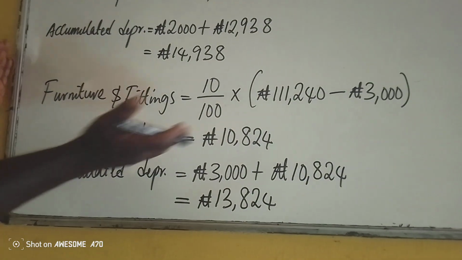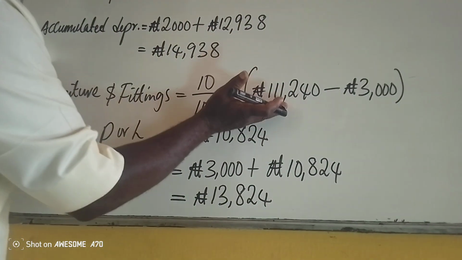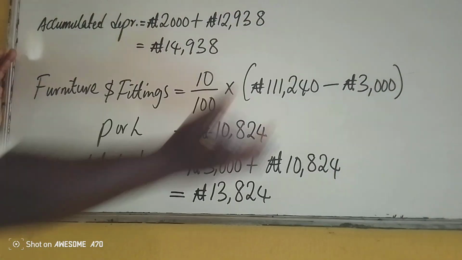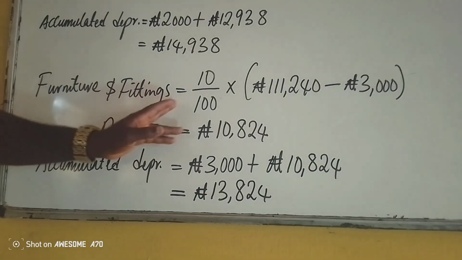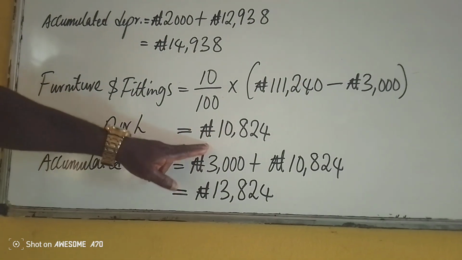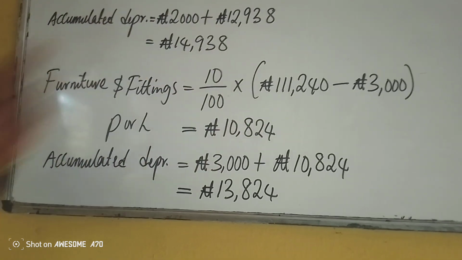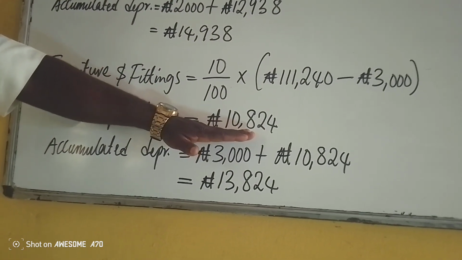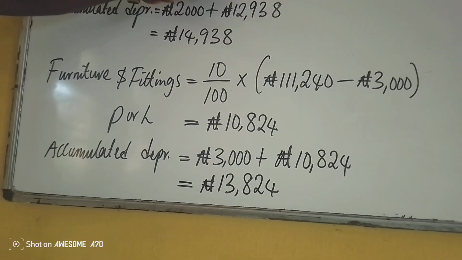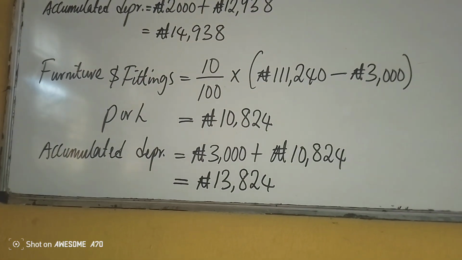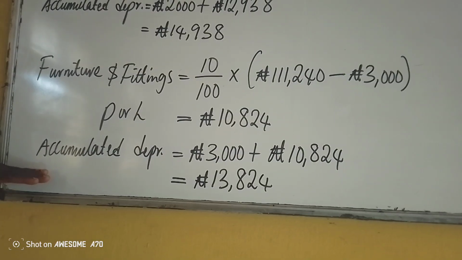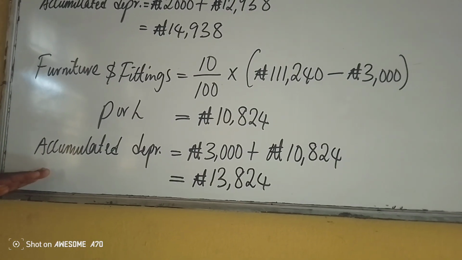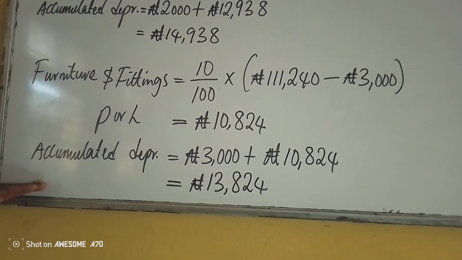And that is why we subtract 3,000 from the 111,240 naira and work the 10% of the balance to get 10,824 naira, which is the depreciation that will be charged as operating expenses, as in the case of motor vehicle. Then you must also determine the depreciation that will be charged in the statement of financial position.